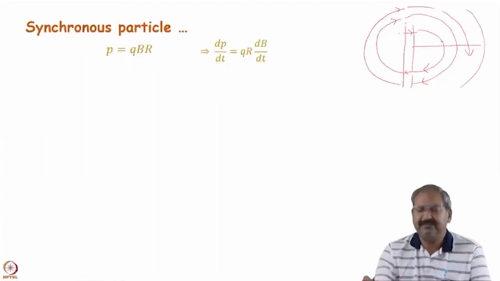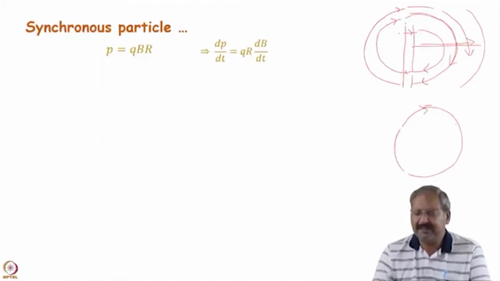Instead of increasing the radius continuously, take some action so that the radius remains constant. It means the particle always revolves on the same orbit. So only this path has to be covered by the magnetic field. This was the major principle on which the synchrotron works, and that's the way in which it reduces the requirement of the aperture of the magnets compared to the cyclotron.